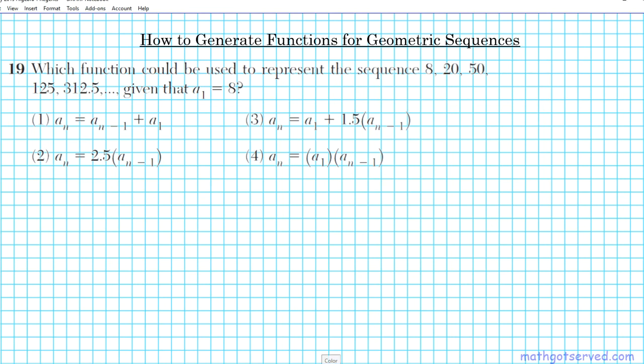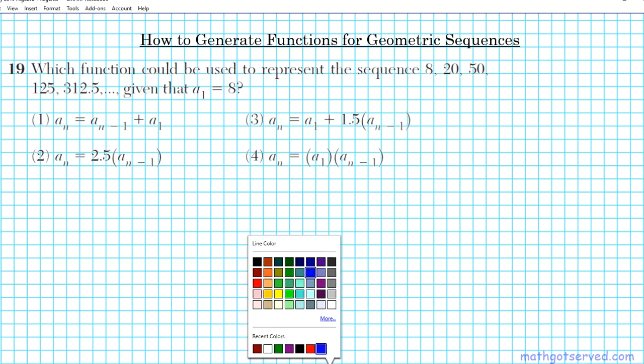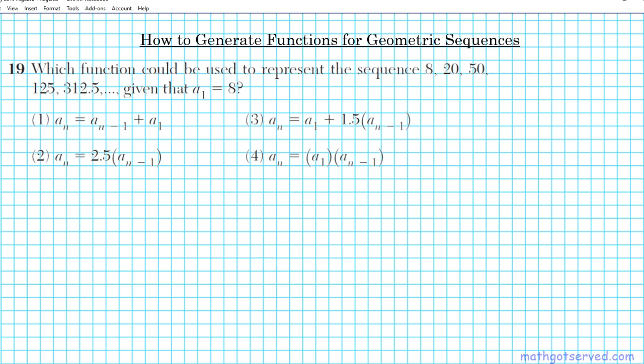Alright, before we get started, let's go over the formulas for the arithmetic and geometric series functions. Alright, so let's write this down. Formulas. For the geometric series, we can write this using a recursive definition or just a function.